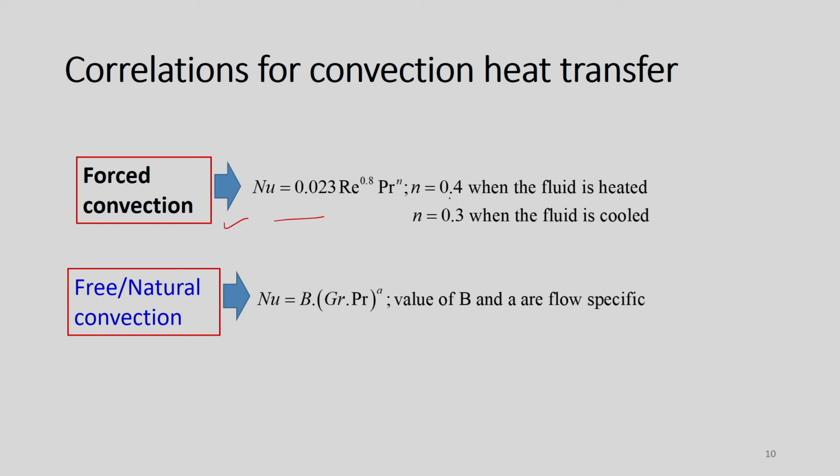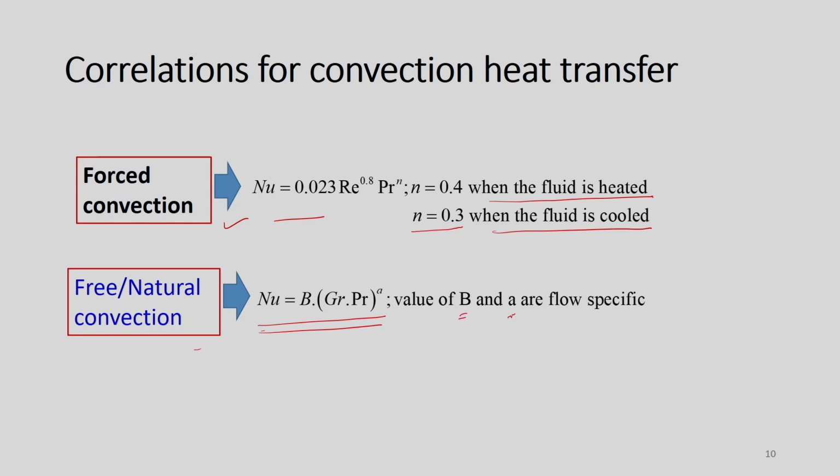Here n is equal to 0.4 when the fluid is heated, and n is equal to 0.3 when the fluid is cooled. In case of natural convection, we can use a different kind of correlation. These equations are developed based on purely experimental phenomena. The values of the constants are flow specific, so under different conditions these values will be different. We will learn this in a deeper sense in the coming slides.